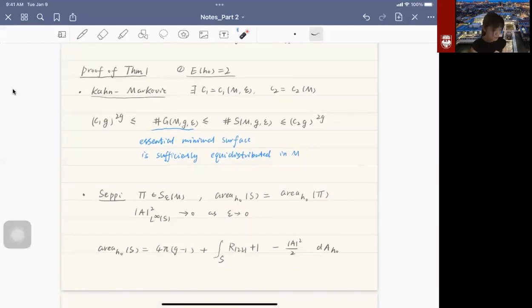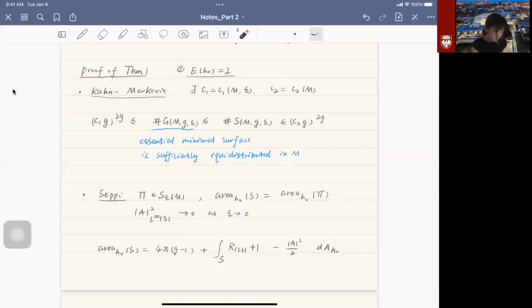Okay, and back to this proof. The second step is that we use the uniqueness theorem. We use the estimate of the second fundamental form due to Seppi.